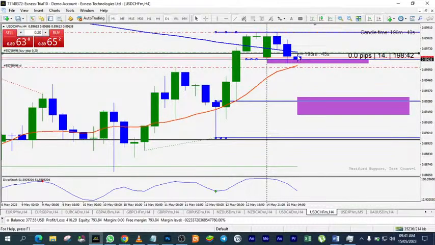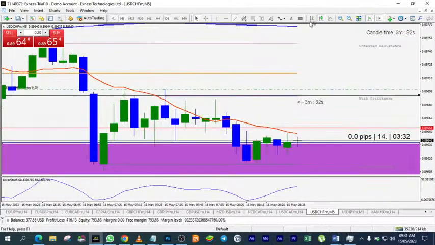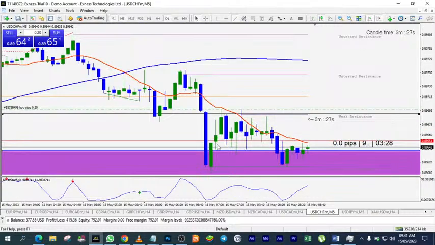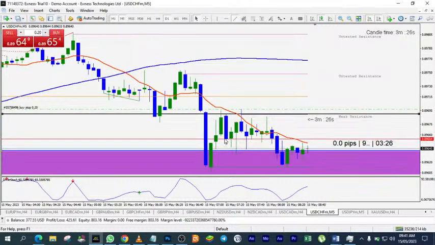But I already have this down here, and then if I go to my smaller time frame to see if there is any change of character happening there, technically you can see that is already happening.